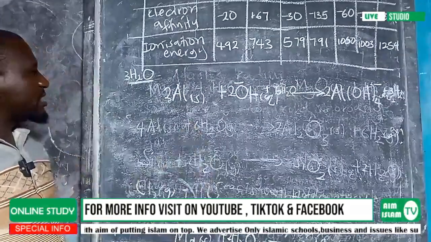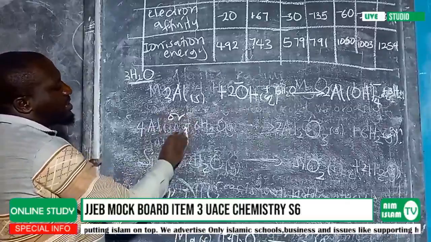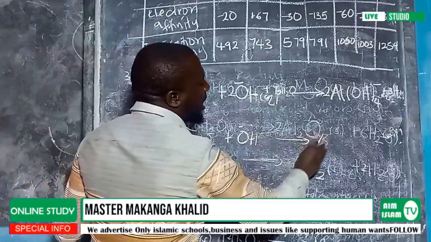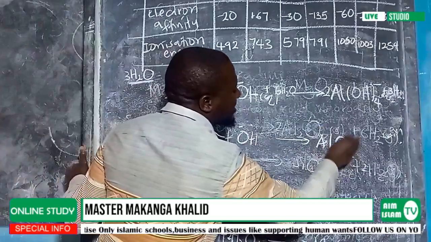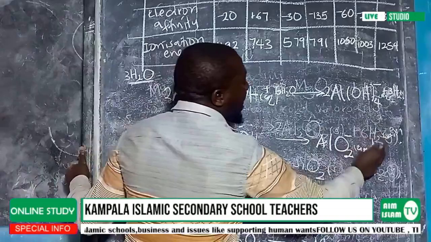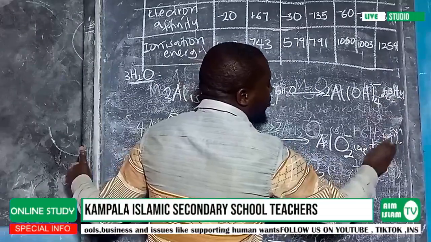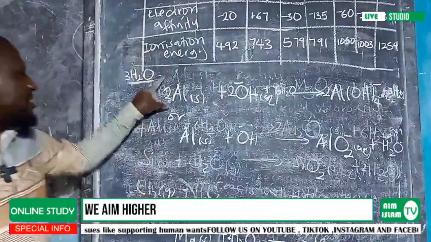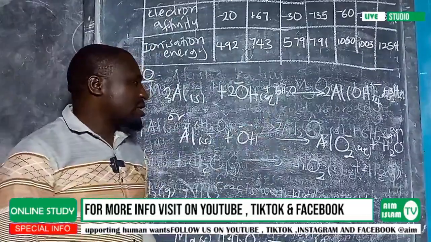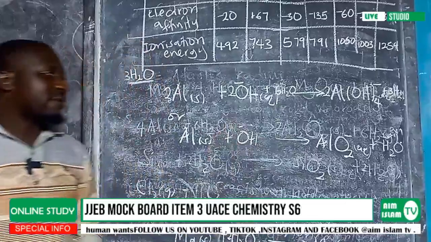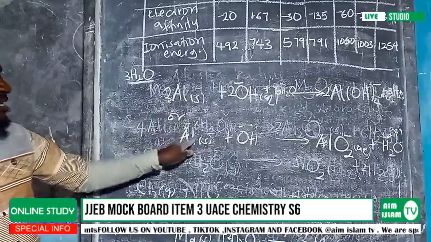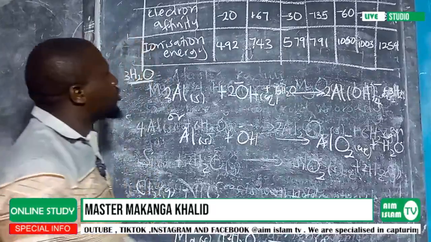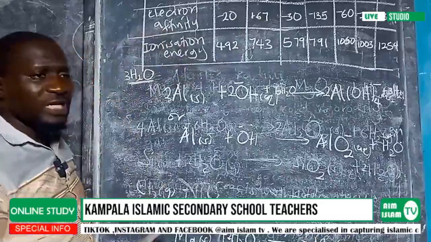Or someone can write that aluminium, which is a solid, reacts with the hydroxide ion, forming our aluminate, which is aqueous, plus water molecules, and then you balance that. You can either write that or that, and then you balance it, but the equation is supposed to be balanced. So sodium and magnesium do not react with dilute alkali.